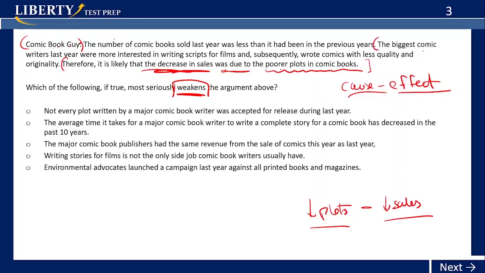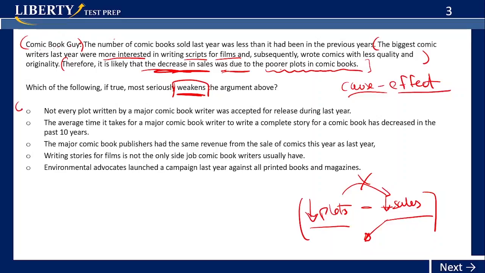Last year, most writers were more interested in writing scripts for films and didn't put too much effort into writing comic books. That's his argument. So we want to weaken that. We want to say that the decrease in plots did not cause a decrease in sales. Maybe there was another cause, an alternate cause, or maybe there's something else that shows us that these two things, the decrease in the quality of the plot and the decrease in sales, are not correlated.